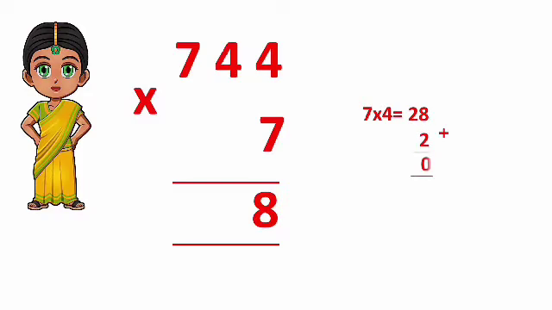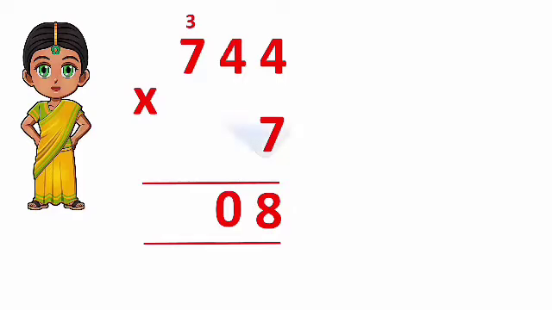We get 30. Write 0 in tens place and carry over 3 to hundreds place. Multiply 7 and 7. We get 49. Add 49 with 3. We get 52.